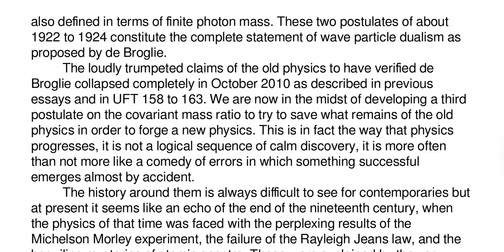The loudly trumpeted claims of the old physics to have verified de Broglie collapsed completely in October 2010, as described in previous essays and in UFT 158 to 163. We are now in the midst of developing a third postulate on the covariant mass ratio to try to save what remains of the old physics in order to forge a new physics.